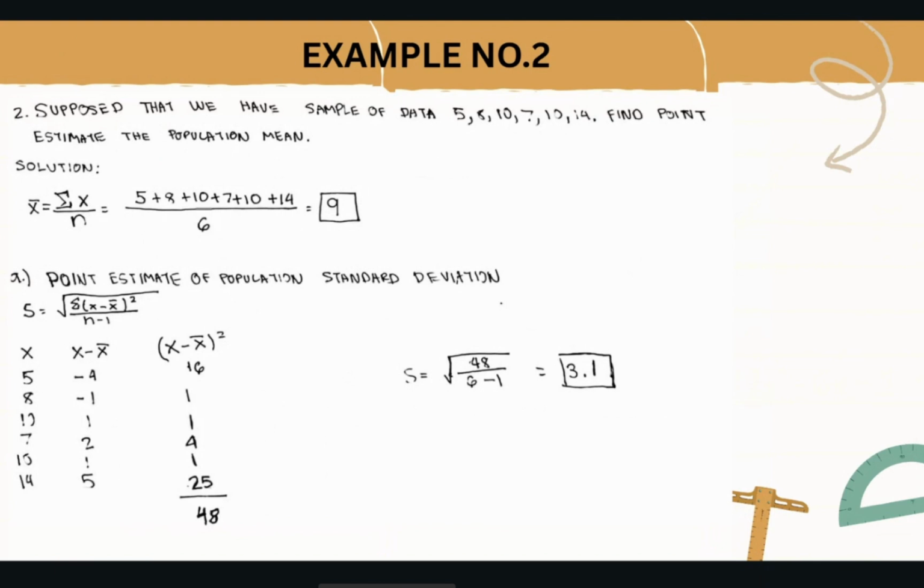For the population mean, we need the formula for the mean, the summation of X over N. Like I said earlier, we add the sample data and divide it by 6, because there are 6 sample data. Then we compute it and get 9. And that is our point estimate of the population mean.